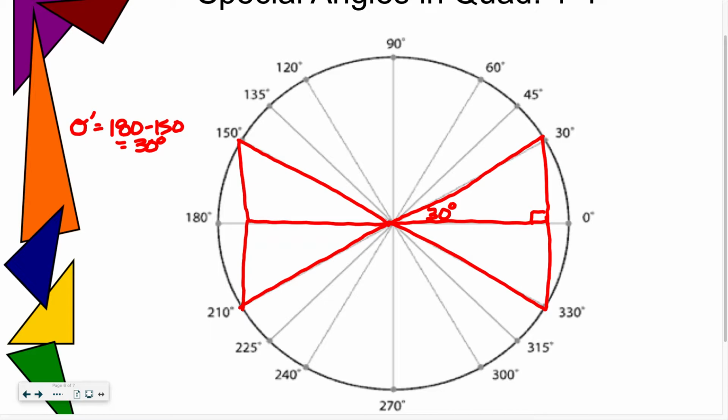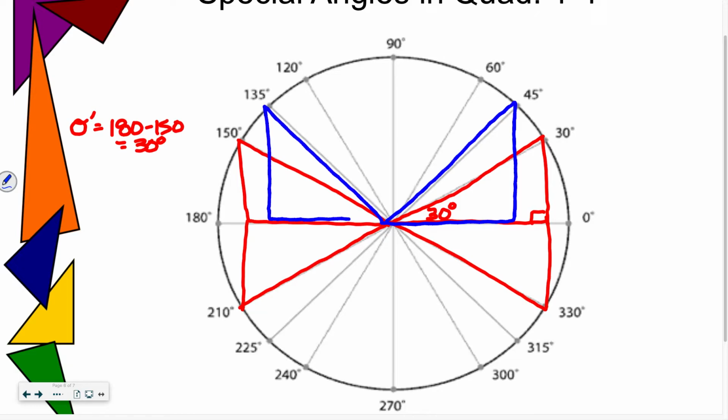and you're going to do all the 45 degrees. So go 45, 135, 225, and 315.